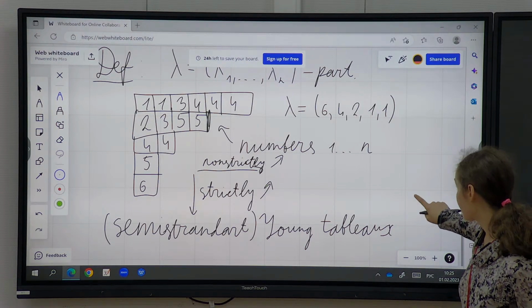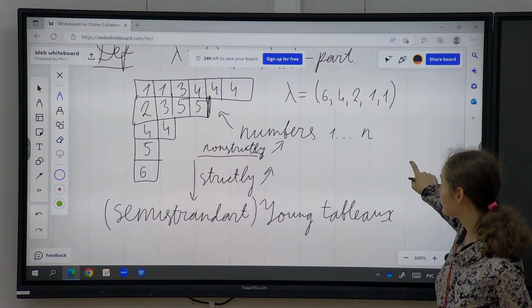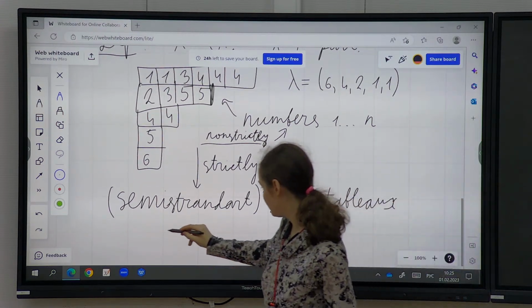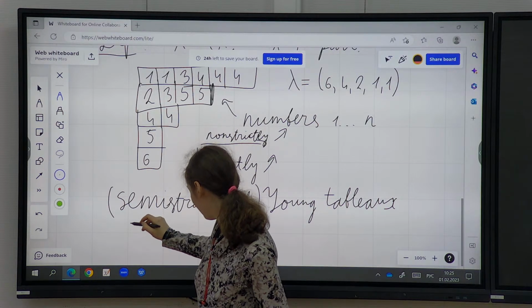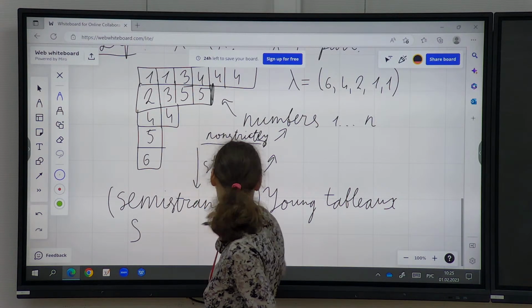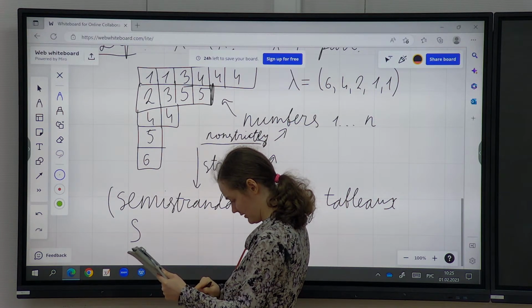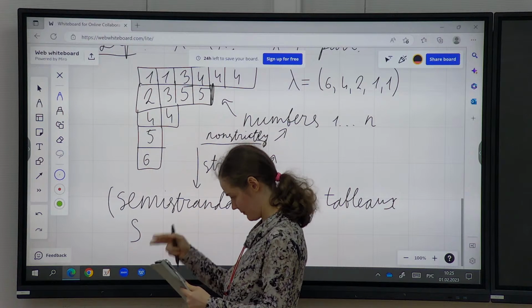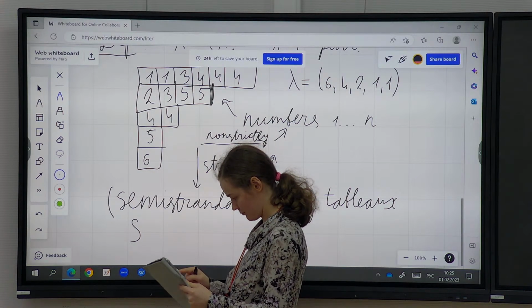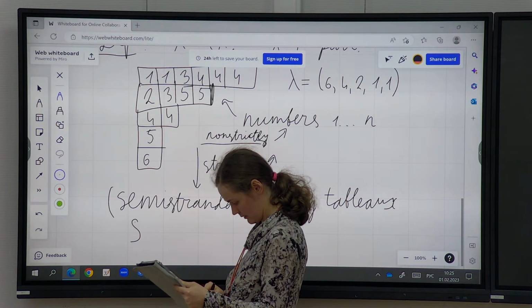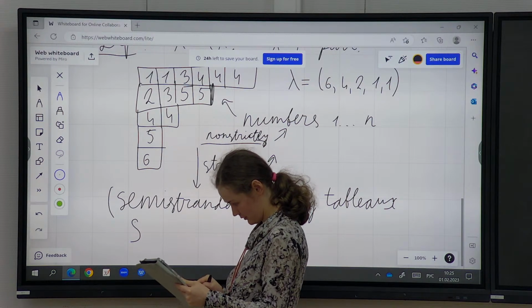So let's denote the set of all semi-standard Young tableaux. Сейчас. Там есть это экспансия или нет? Извините, секунду. Готовилась, естественно.